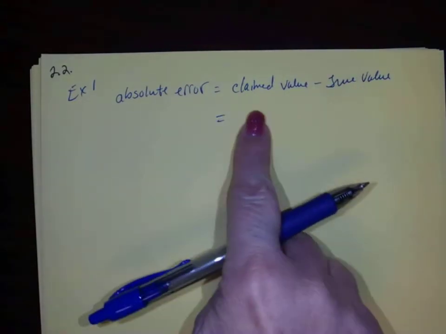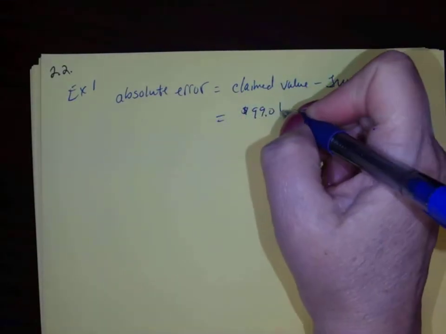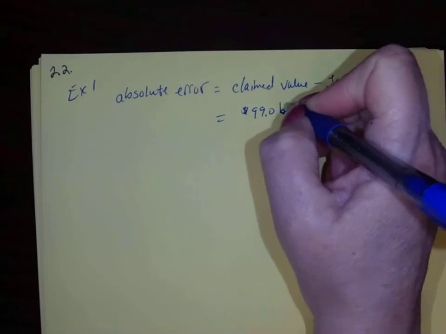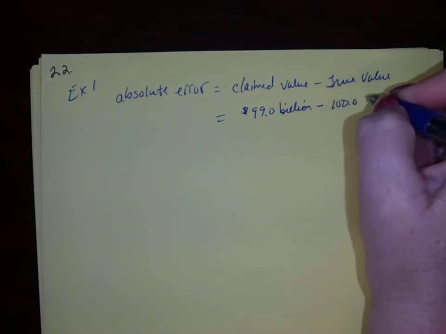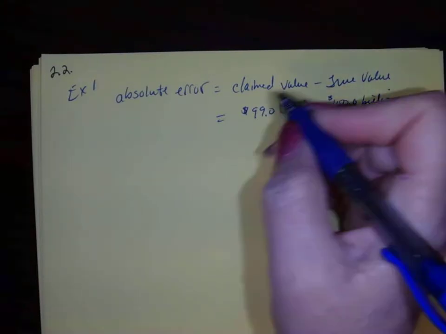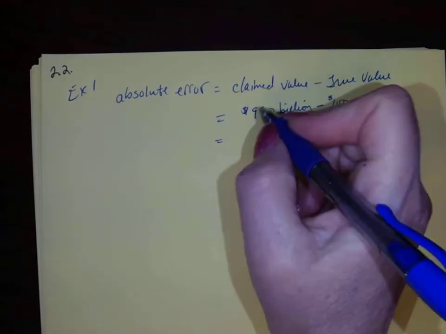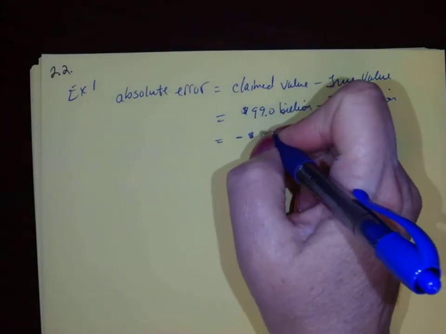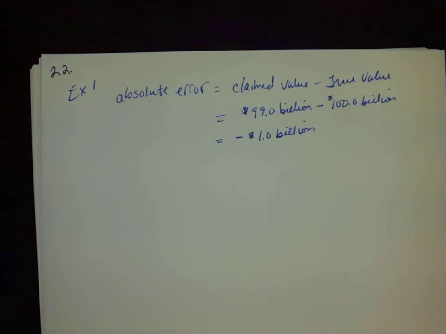So the claimed value of the program was $99.0 billion, but the actual cost was $100.0 billion. Well, 99 minus 100 will get us a negative $1.0 billion. Okay?